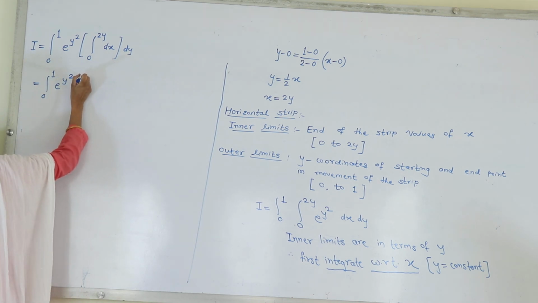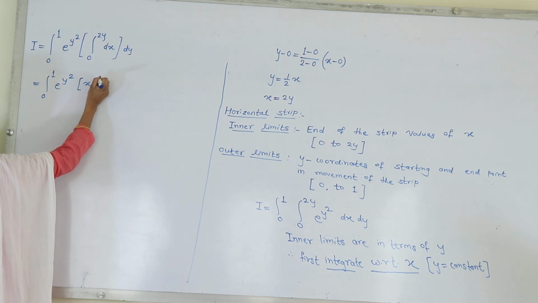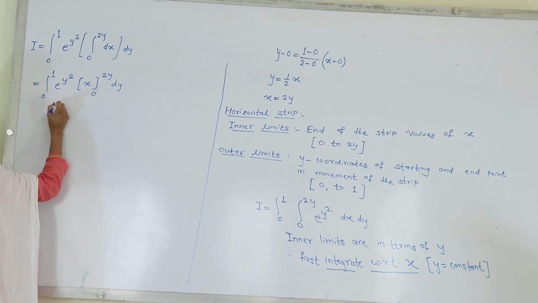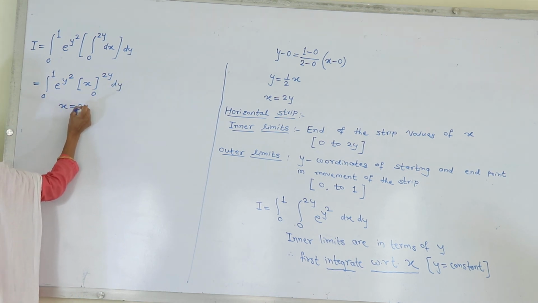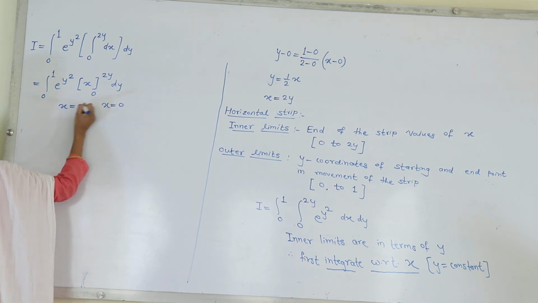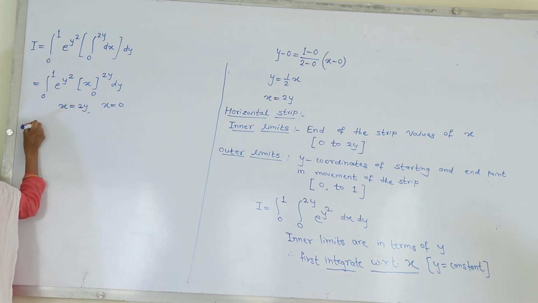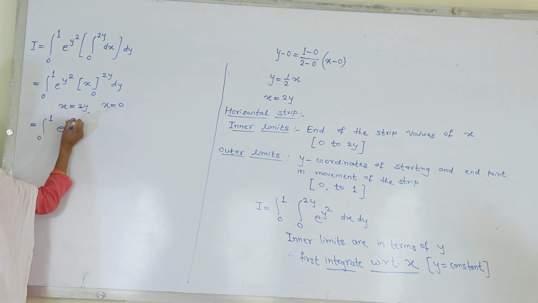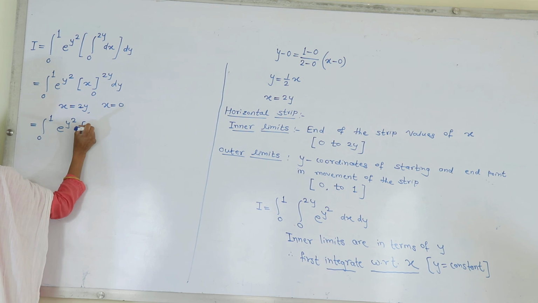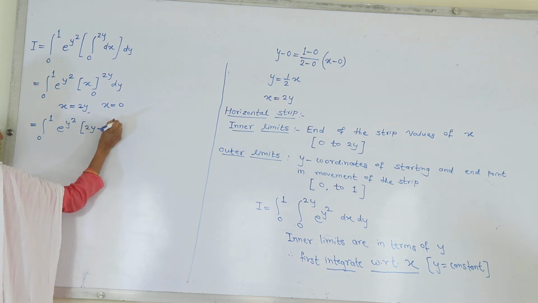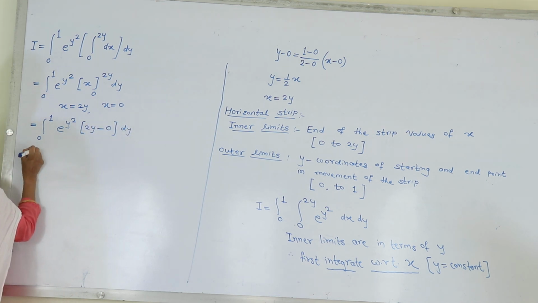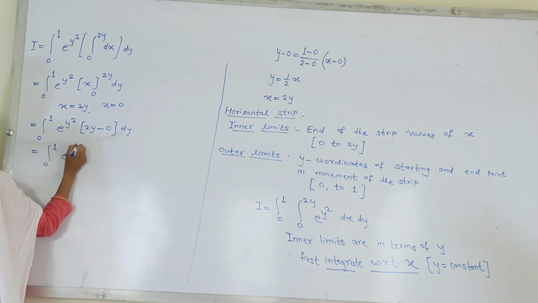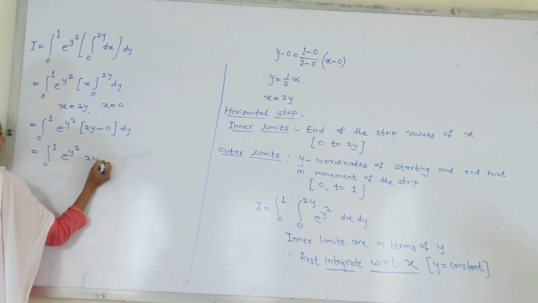Now integration of dx is x, 0 to 2y dy. Upper limit of x is 2y and lower limit of x is 0. E raised to y square, upper limit is 2y minus lower limit 0, dy. 0 to 1 e raised to y square into 2y dy only.